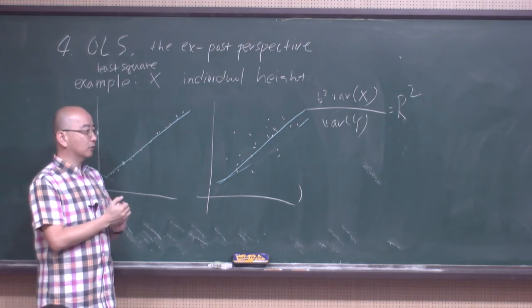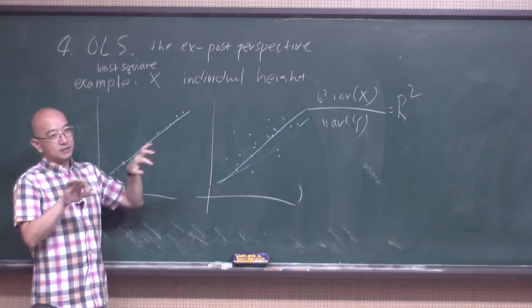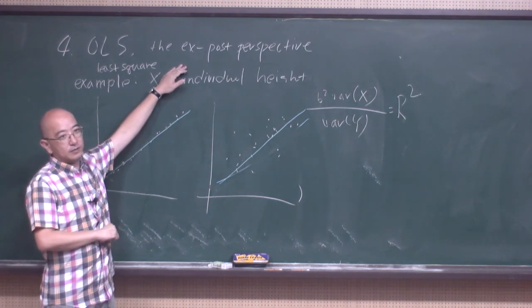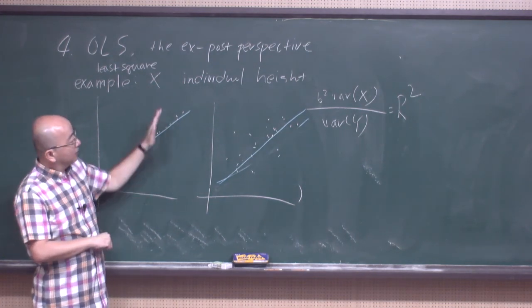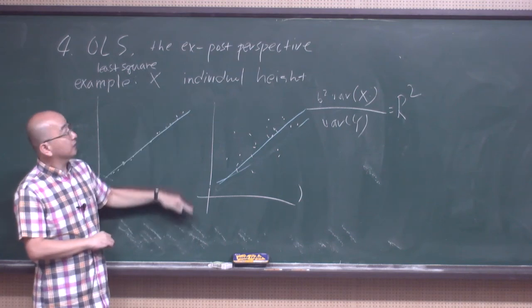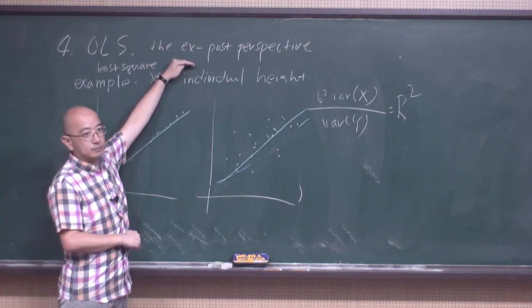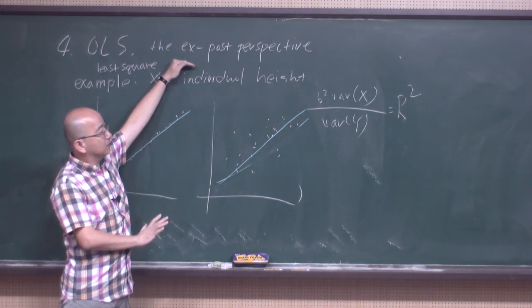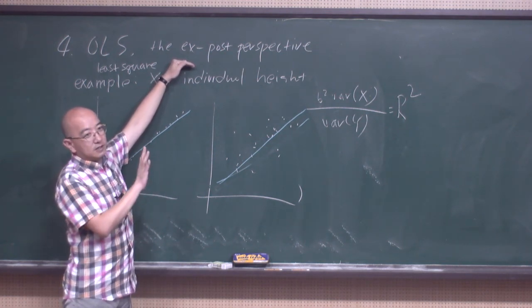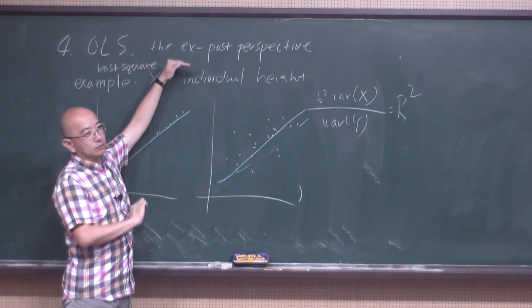Okay, so when you talk about OLS, you have to distinguish again between ex post perspective and ex ante perspective. And what we described here so far has something to do with the ex post perspective. There is no statistical, probabilistic, random something here. It's all about algebra.